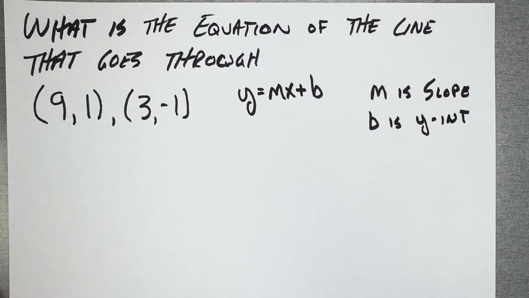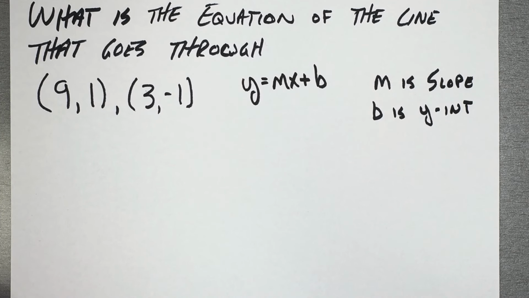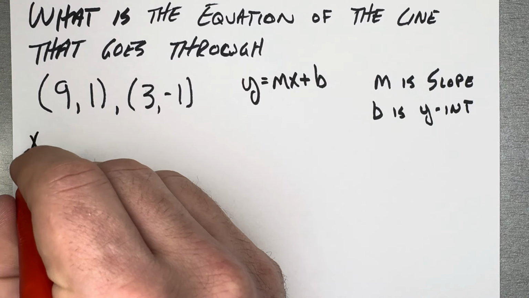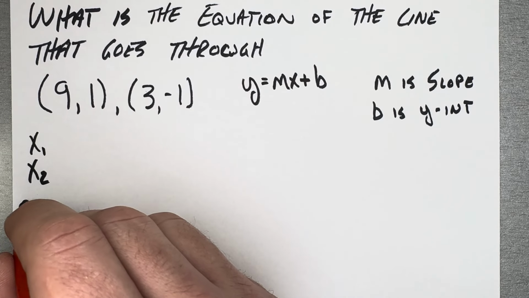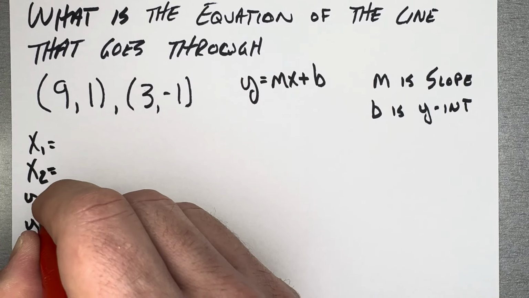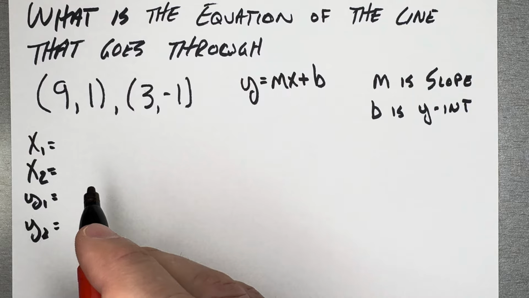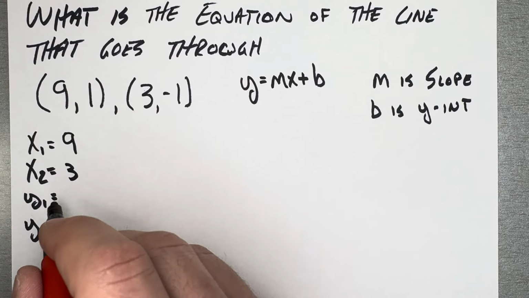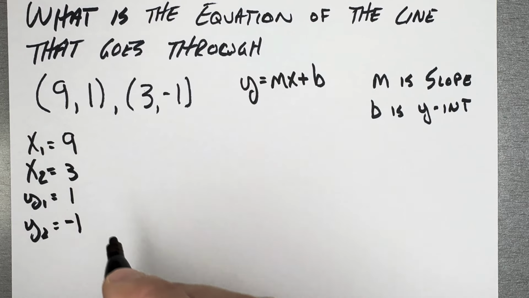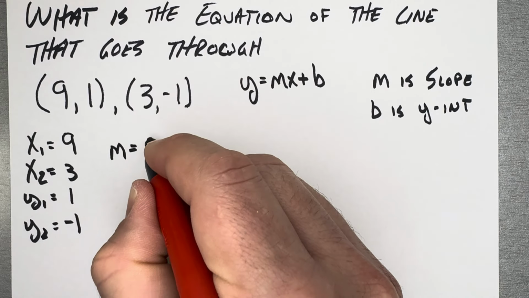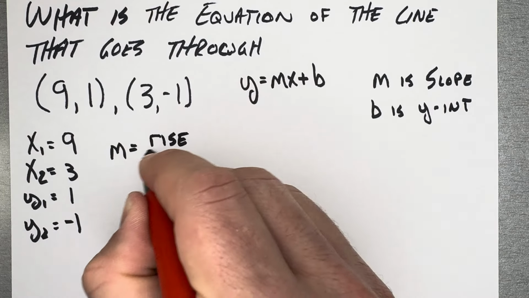Whenever I go to find slope, I like building out a little table of my x values, x1, x2, y1, y2. That way I can keep track of things. I've got 9 and 3, and 1 and -1. So my equation for slope, m, is the rise over the run.